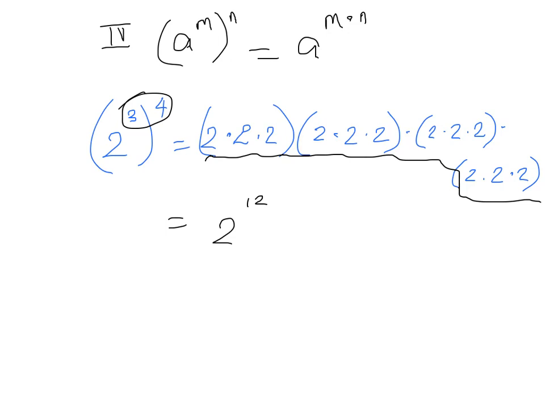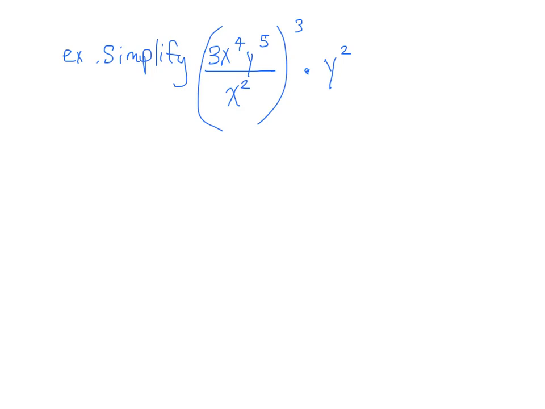Let's try one nice big fun example. In this example, we get to put everything together, which is why it is awesome. The first thing that I want to do is raise everything in these parentheses to the third power. Everything gets raised to that third power. So we have 3 to the third power times x to the fourth power to the third power.